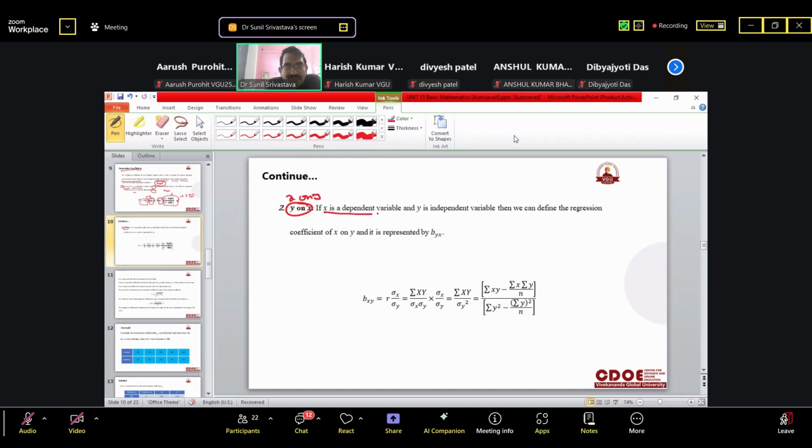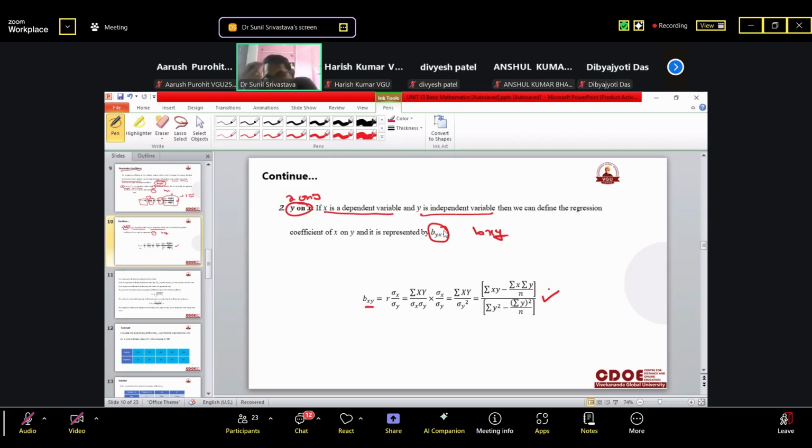Here x is the dependent variable and y is the independent variable, so we denote it by the regression coefficient bxy. So bxy is equal to r sigma x upon sigma y, the same formula as given here, sigma xy upon sigma y square. Putting in the values, we have the expression sigma xy minus sigma x sigma y upon n, over sigma y square minus (sigma y) square upon n, because this gives the standard deviation of the y series.